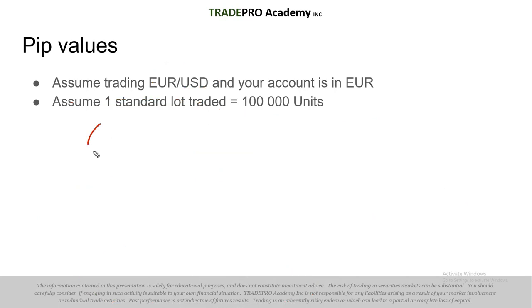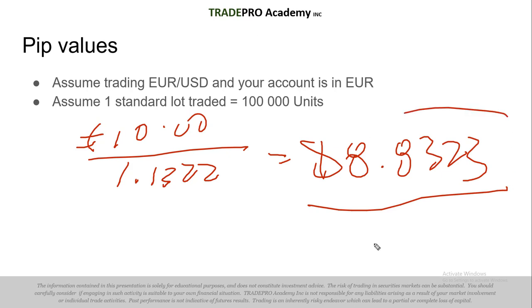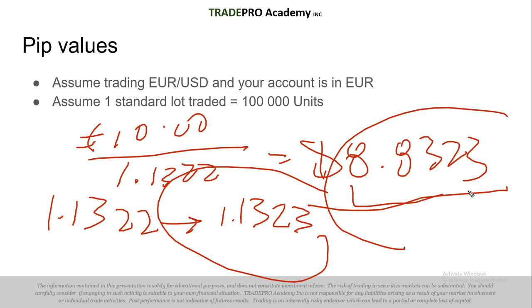In terms of dollars, these 10 euros, you just simply divide by 1.1322, which you would get roughly 8.8323 dollars. So 1 pip movement from 1.1322 to 1.1323 would result in roughly an 8.8 dollar gain in your account on this position.